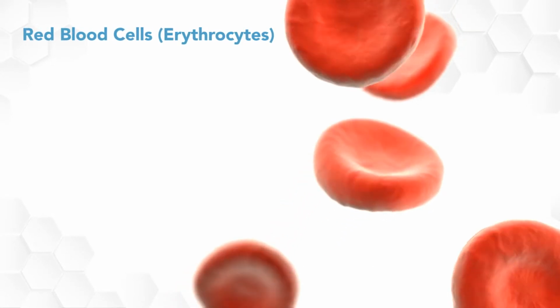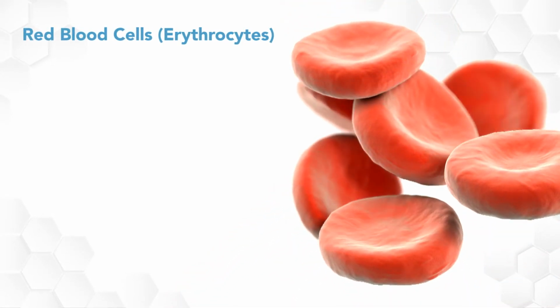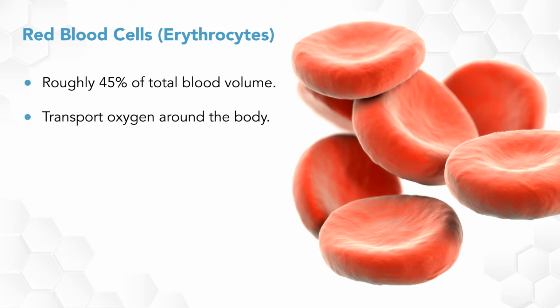Red blood cells, or erythrocytes, are the most numerous cell type in the blood, making up roughly 45% of total blood volume. Their primary role is to transport oxygen around the body to the various tissues and organs. They contain a protein called hemoglobin, which binds to oxygen, assisting in its transportation.